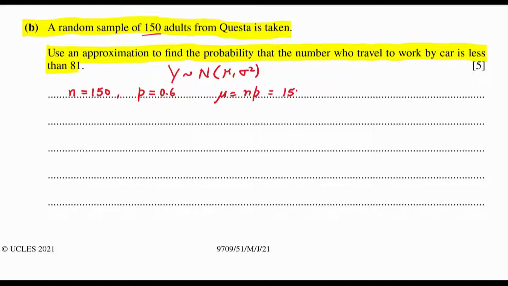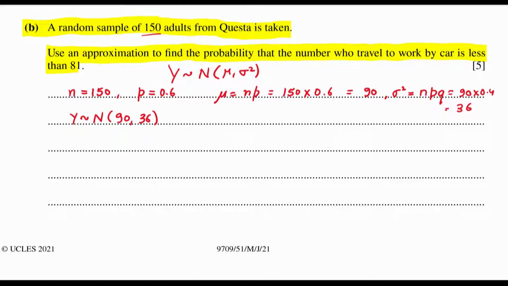So 150 times 0.6 is 90, and the variance sigma squared is npq, which is 90 times 0.4, because np we have calculated, and it is 36. So our scenario becomes a normal distribution with parameters 90 and 36.